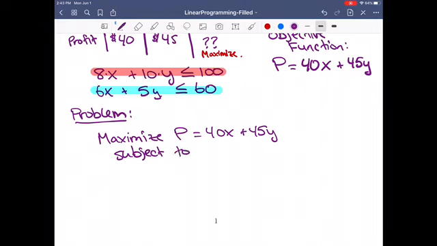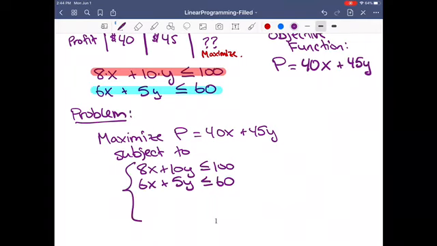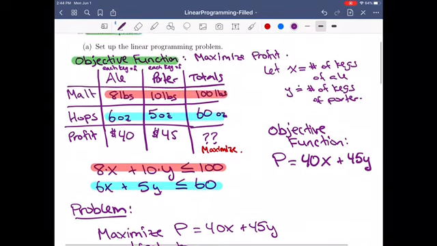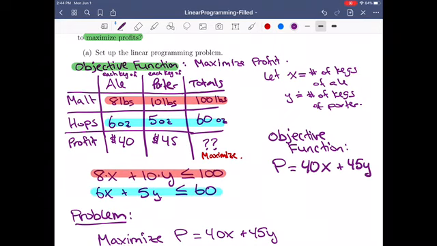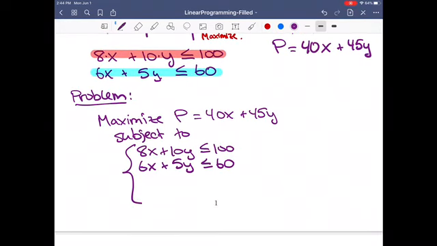So we need 8x plus 10y to be at most 100, 6x plus 5y to be at most 60, and we actually have a couple of other inequalities or constraints as well. Because our variables are the number of kegs of ale and number of kegs of porter, we can't have negative numbers.